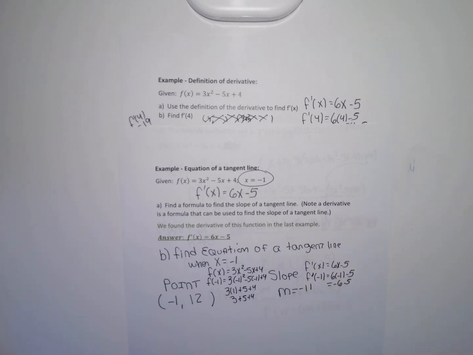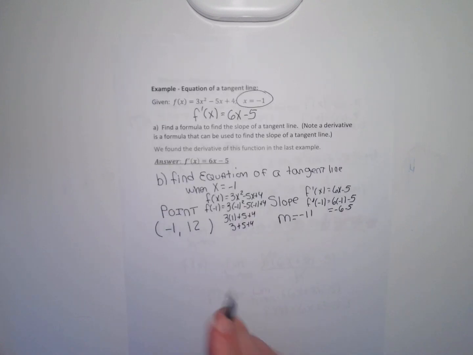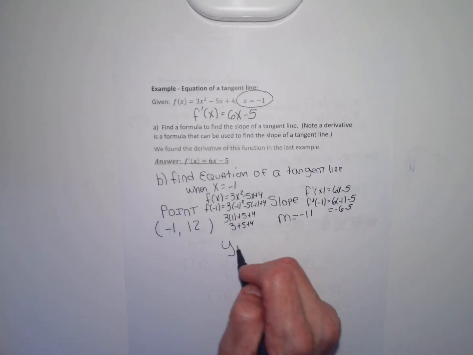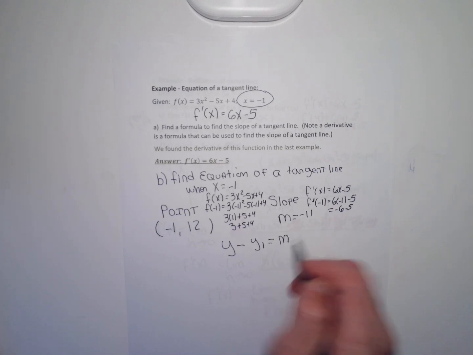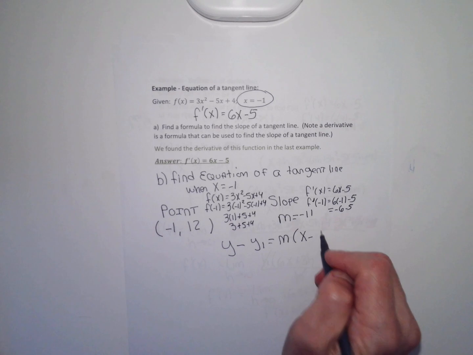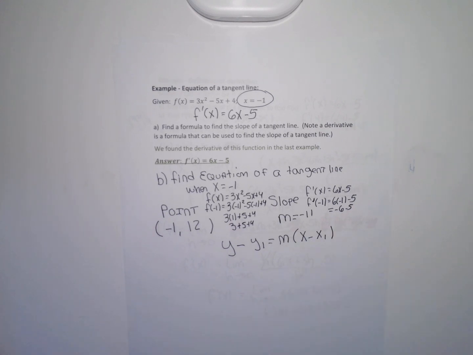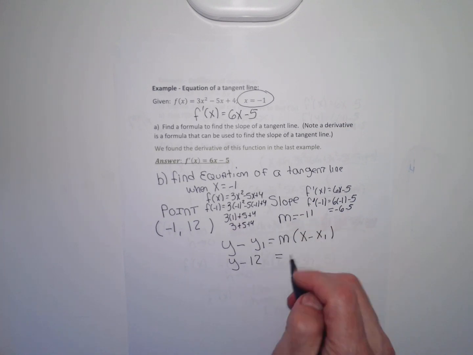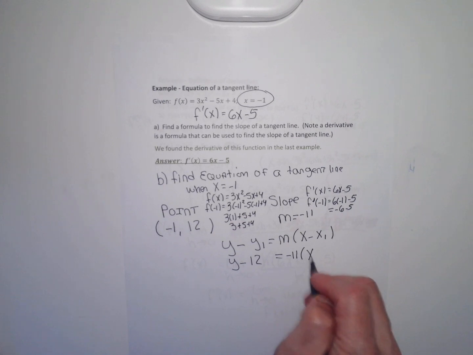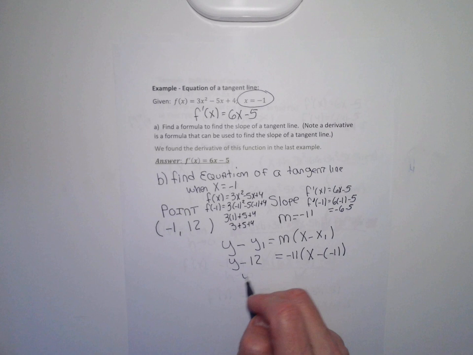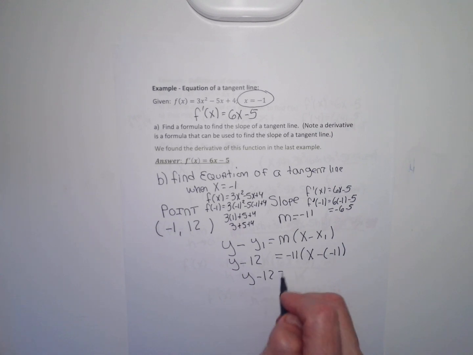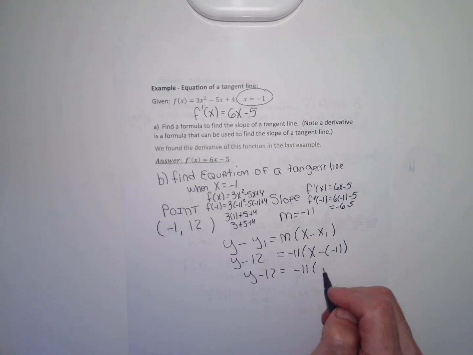So now I have a point and a slope. And if I have a point and a slope, I can find an equation for a line really easy by just going y minus y1, which is the y coordinate of the point, equals the slope times x minus x1. So I'm going to find the equation of my tangent line by going y minus the y coordinate of the point, which is 12, equals the slope, which is -11, times x minus the x coordinate of the point, which is -1. This is going to give me y minus 12 equals -11 times x plus 1, since the double negative turns plus.